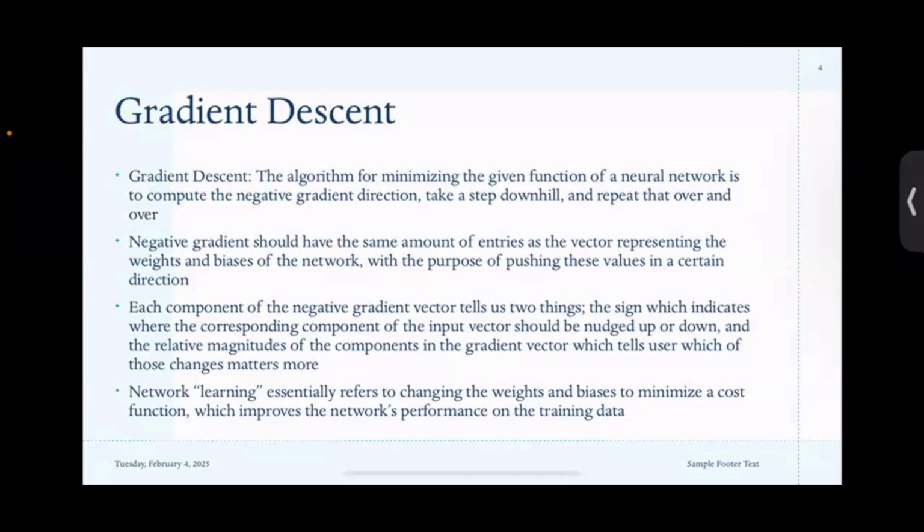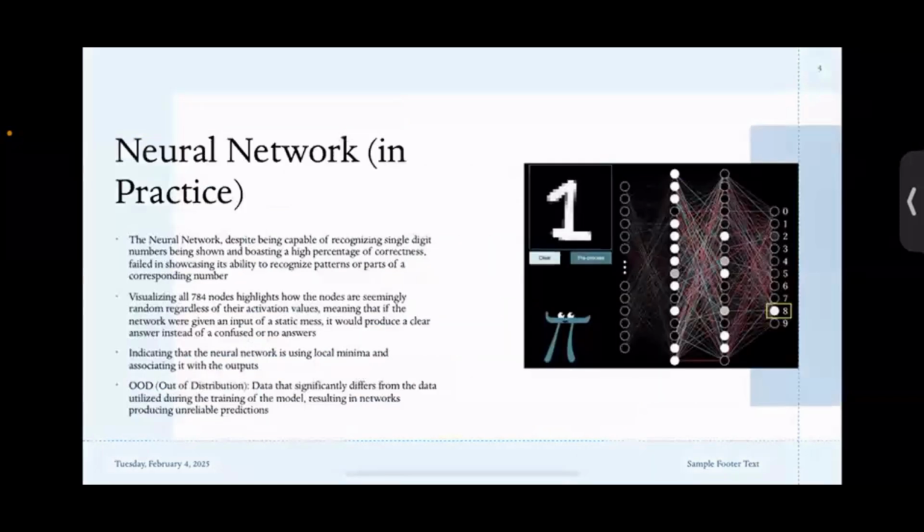What this essentially means is that network learning just refers to changing the weights and biases to minimize a cost function, which improves the network's performance on the training data. The neural network, despite being capable of recognizing single-digit numbers being shown and boasting a high percentage of correctness, failed in showcasing its ability to recognize patterns or parts of a corresponding number.